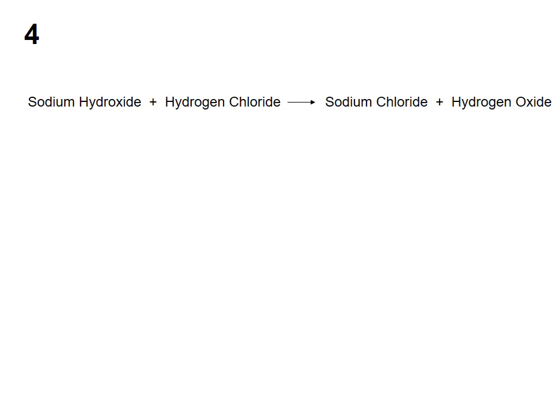On number 4, I have sodium hydroxide plus hydrogen chloride, sodium chloride, and hydrogen oxide. Again, I just go through and write down the oxidation numbers. I look them up on my list if I have to. After a while, you'll start memorizing these.